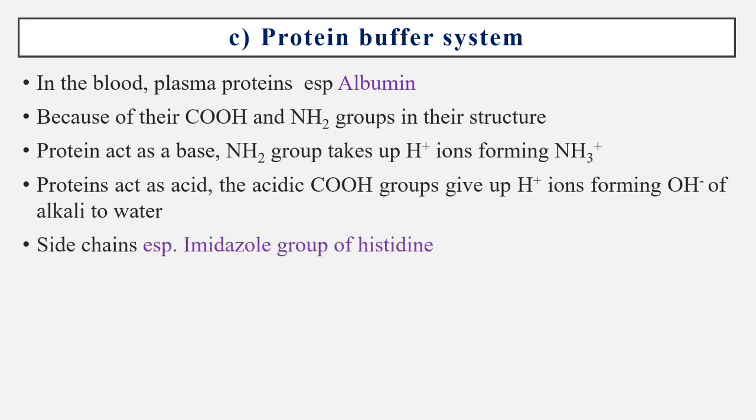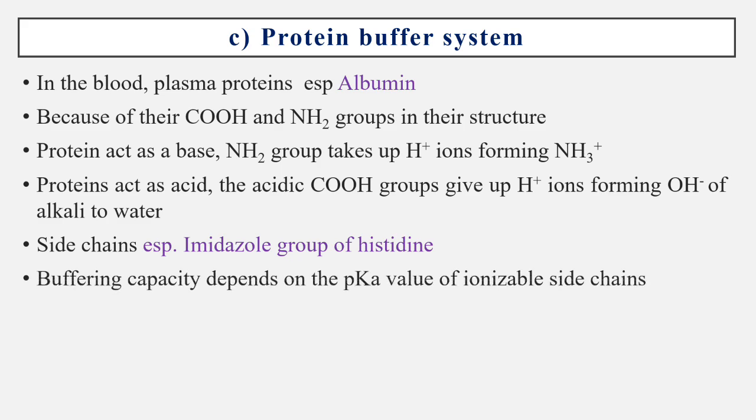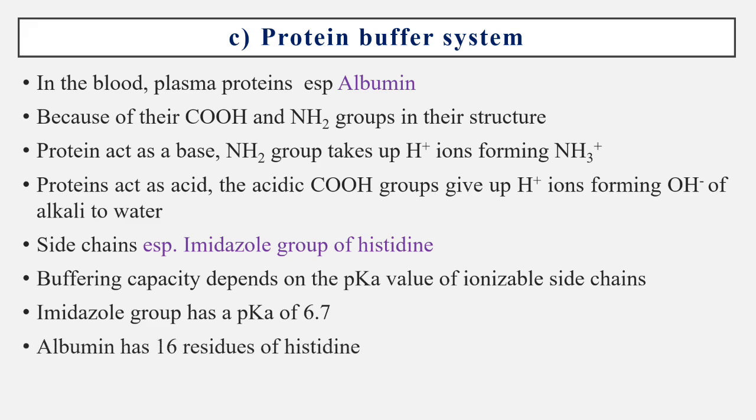The side chains include especially the imidazole group of histidine. Buffering capacity depends on the pK value of the ionizable side chains. This ionizable group's pK is 6.7. Albumin has 16 residues of histidine.